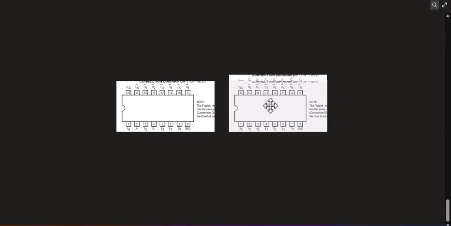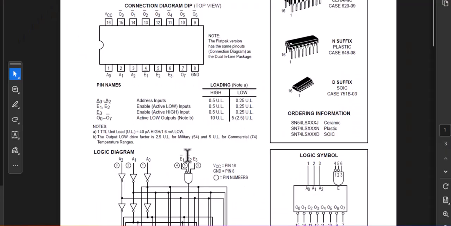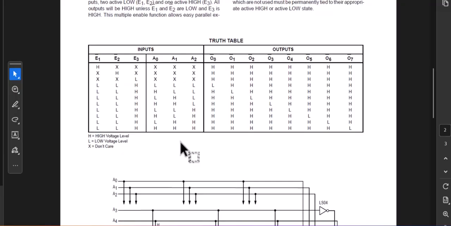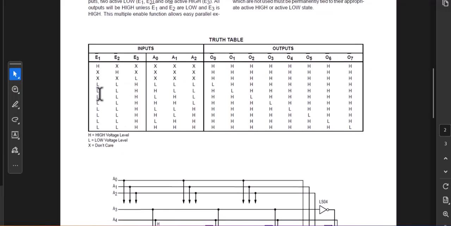You'll notice on the data sheet for this one that, in order for it to be enabled, E1 and E2 have to be low and E3 has to be high.